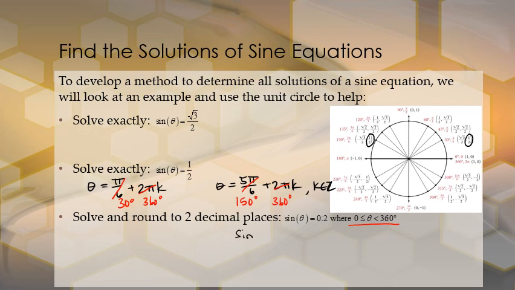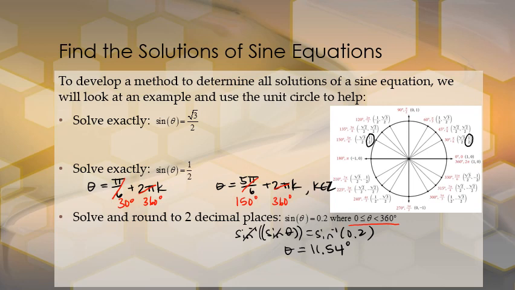I'm going to take sine inverse of each side. And let's see here, sine inverse of 0.2. The inverse and the sine cancel out. And my calculator tells me when I put it in, now make sure that you're in degrees, I get 11.54 degrees. So that looks pretty good.